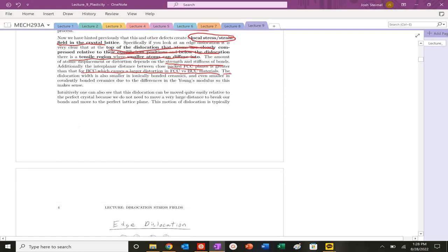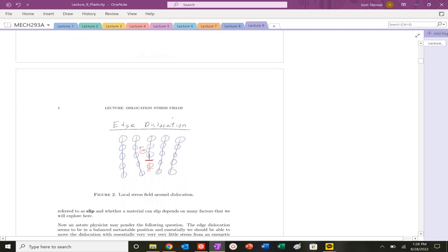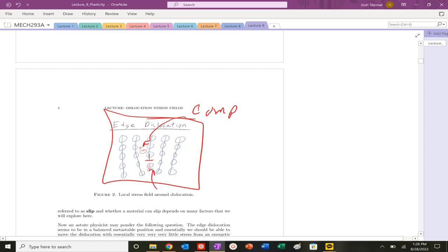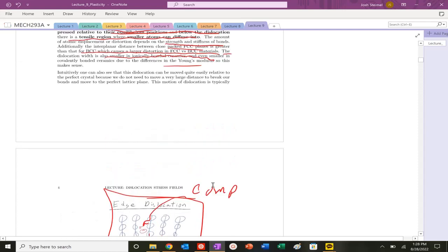So all of these things are coming back now. They are going to affect yield stress phenomena and dislocation motion. These regions of compression at the top of our dislocation and tension at the bottom are going to change the way that atoms diffuse or move, how dislocations interact with each other, and how dislocations interact with point defects.